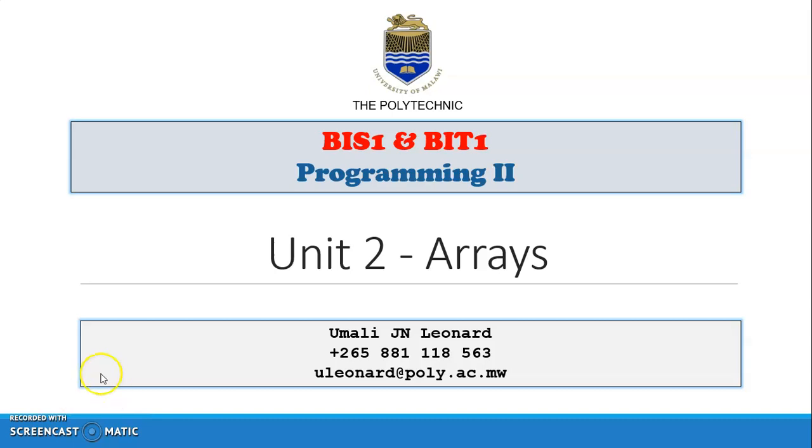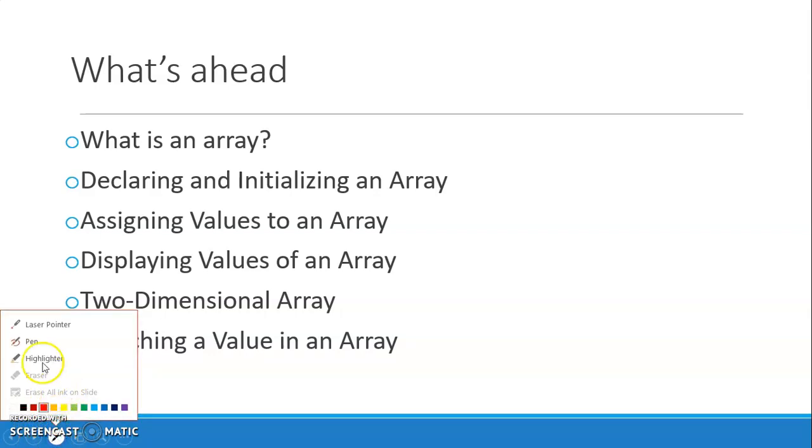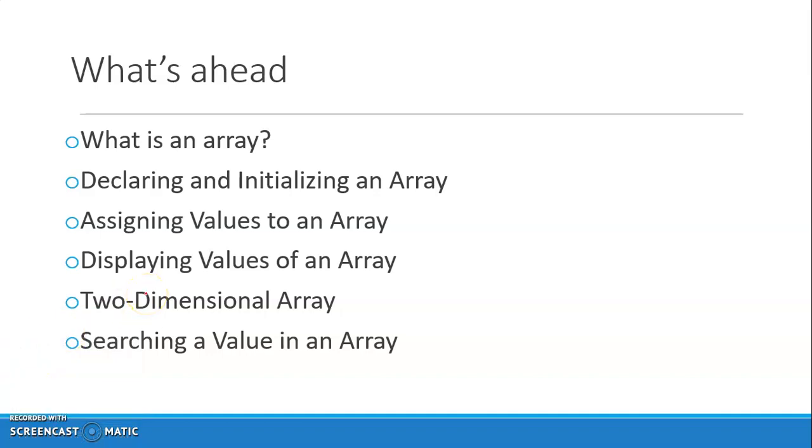What are we covering in this unit? We are going to cover the definition of an array and how we declare and initialize an array, or assign values to an array, displaying values of an array, and the concept of two-dimensional arrays. Arrays can be 2-dimension, 1-dimension, or even 3-dimension.